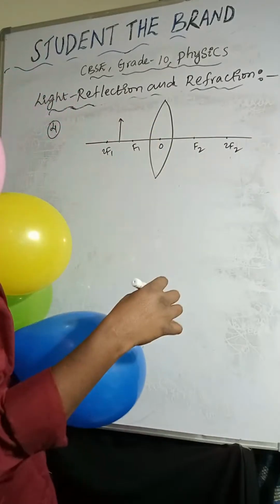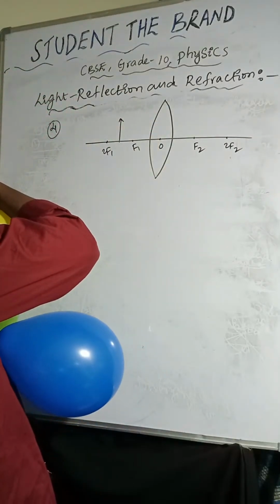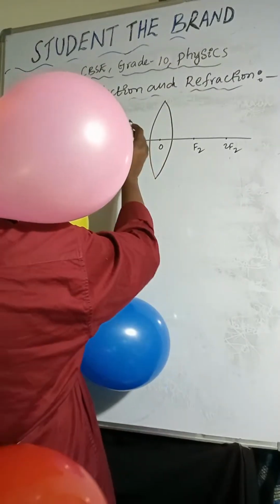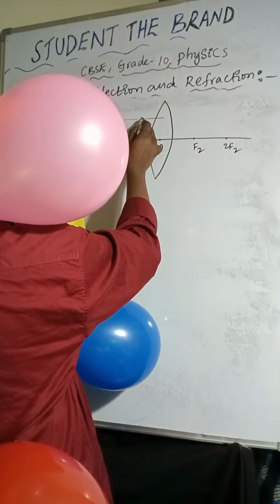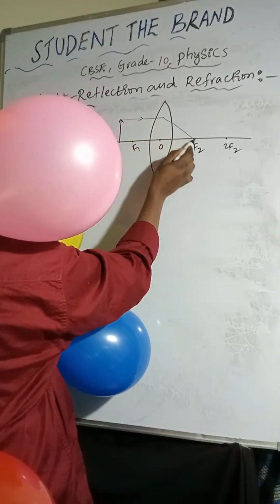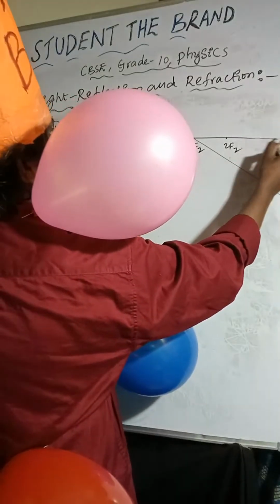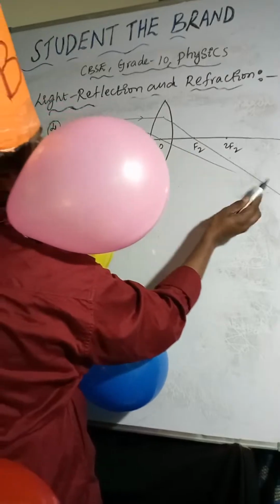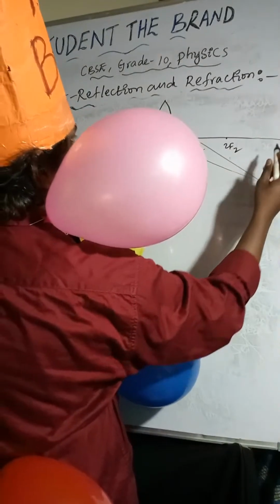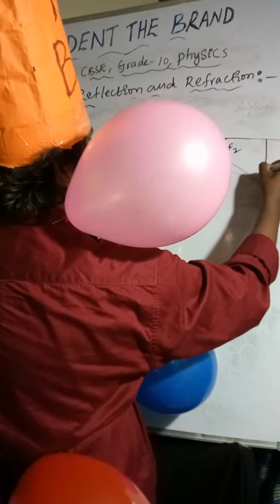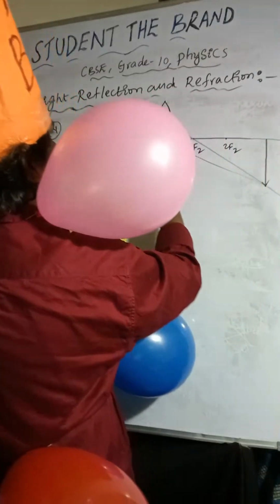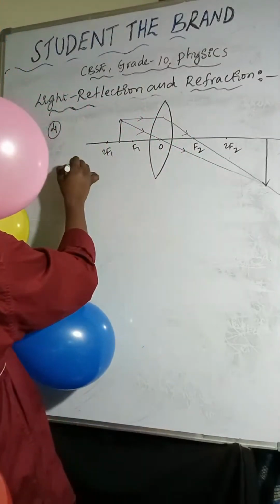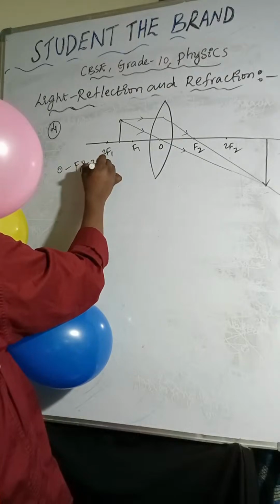How many light rays are required to form the image of the object? Minimum 2 light rays are required. One light ray I am taking like this; after refraction, it passes through focus. Another light ray is passing through optic center. Those light rays will meet beyond, here at this point. Object is placed between F1 and 2F1.